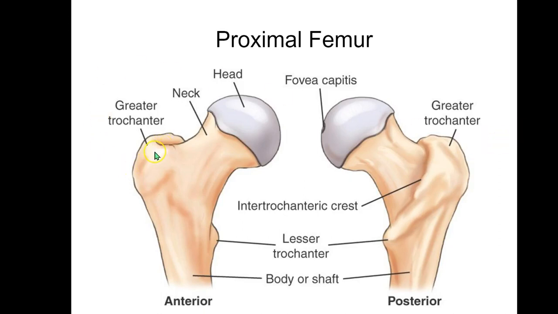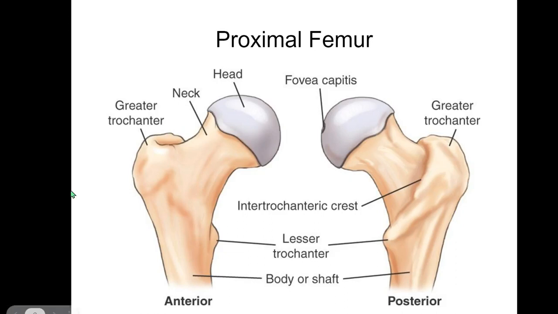The greater trochanter is a large prominence located superiorly and laterally to the femoral shaft or body. Remember, the greater trochanter is actually palpable, and we can use that as a landmark to help us locate the level of the pubic symphysis.